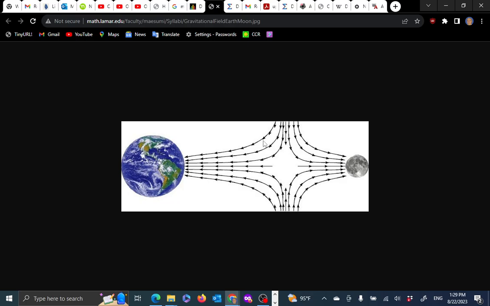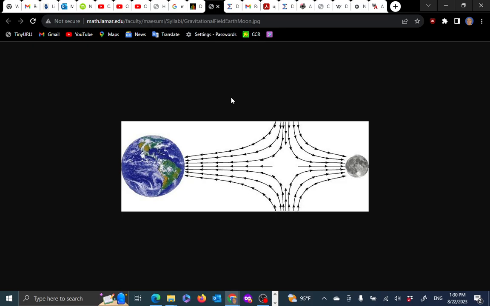That vector that shows the direction of the force on this mass, that's going to be the gravitational field at that point. If you come closer to the moon, of course, it points toward the moon. If you come closer to the Earth, it's going to point toward the Earth, and some complicated pattern is going to exist in space. So that's going to be a gravitational field.